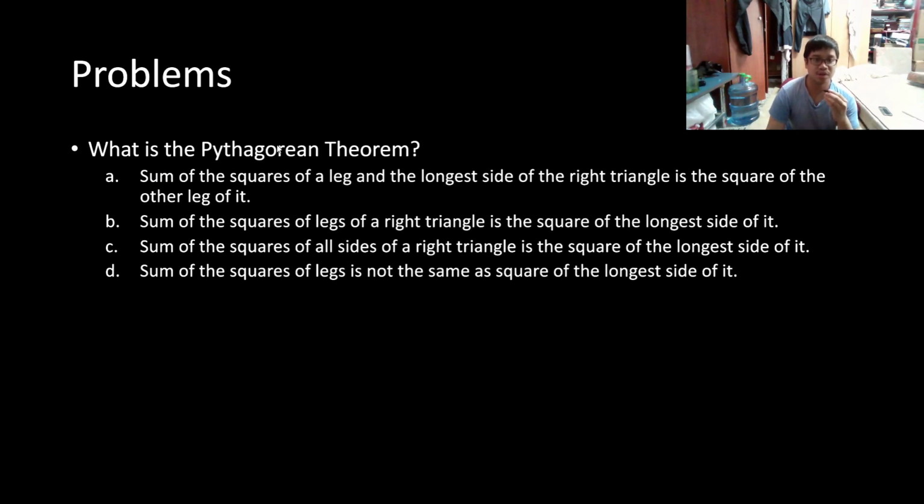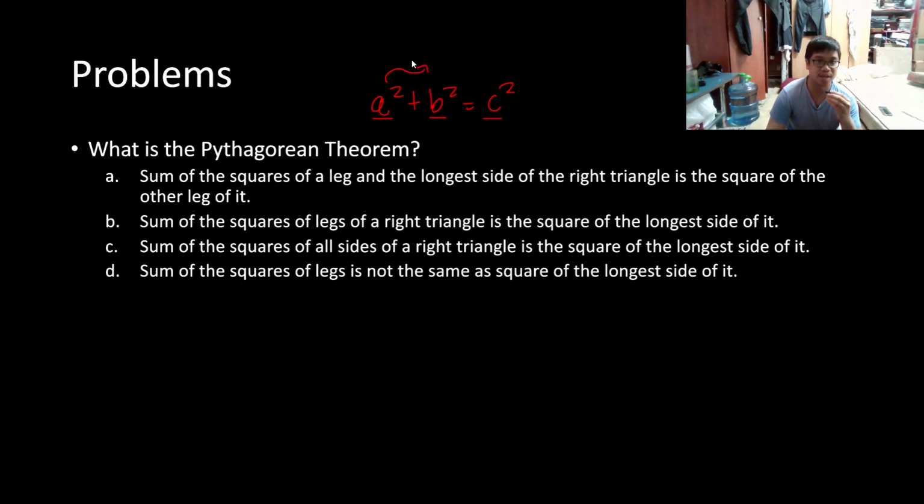Let's recall what the Pythagorean theorem is. We have this formula: a squared plus b squared is equal to c squared, where a and b are the legs of a right triangle, and c is the hypotenuse side, or the longest side of the right triangle.